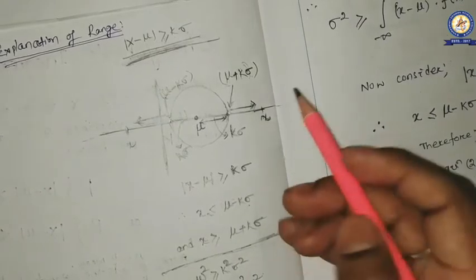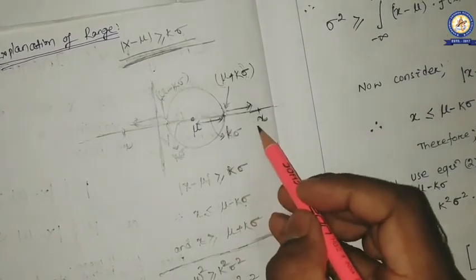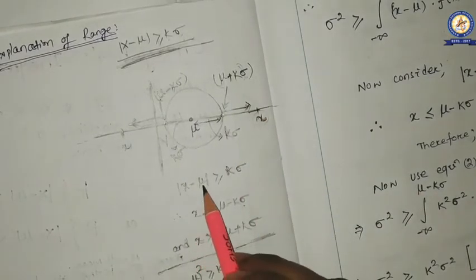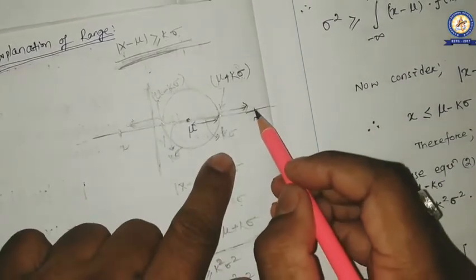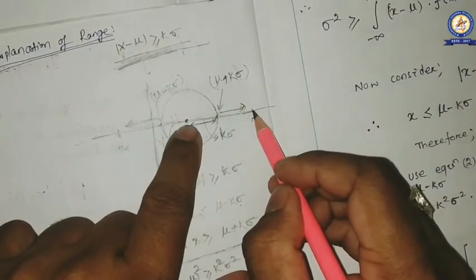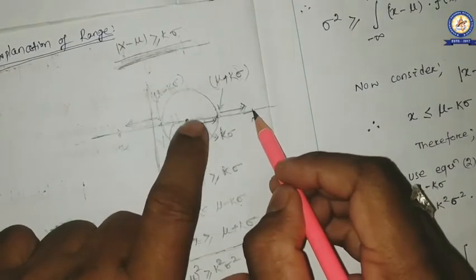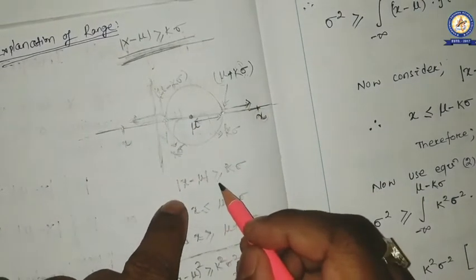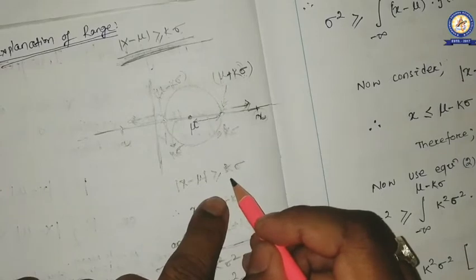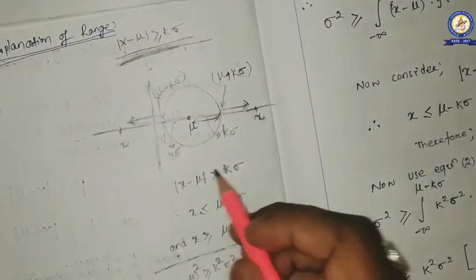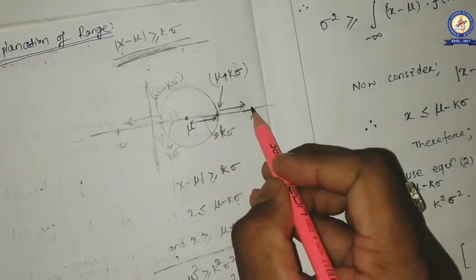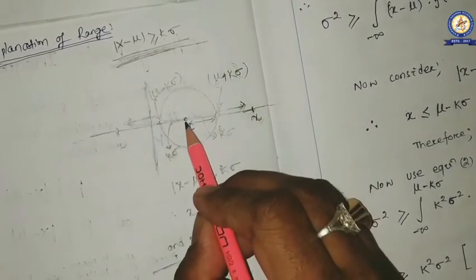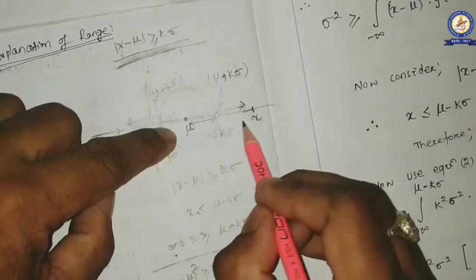Now we are going to find the values of x in such a way that |x minus mu|, that means the distance from x to mu, is always greater than or equal to k sigma. How will it be possible? You just check it. If I take the value of x here, x minus mu will be this much distance.